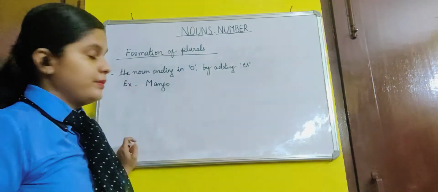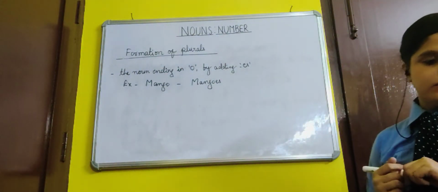So how will we make the plural of it? We will just simply add es and we make the plural of mango. Okay, there is one more rule.